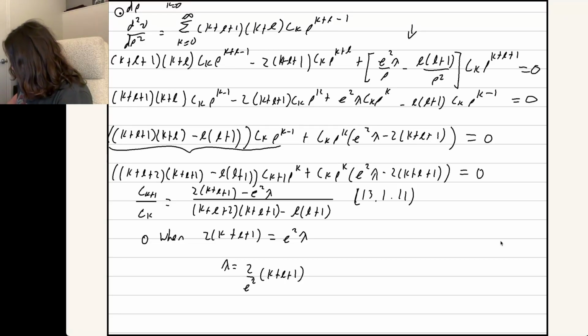And then lambda is also equal to, by definition of a different equation, 13.1.9, just the square root of 2m over h bar squared w, where w is the work.